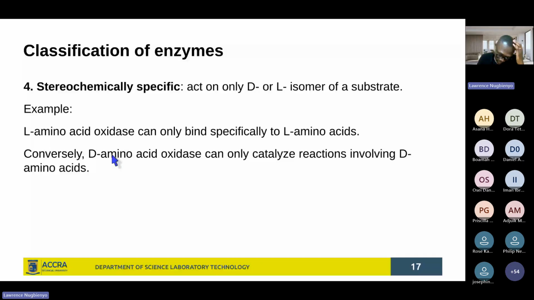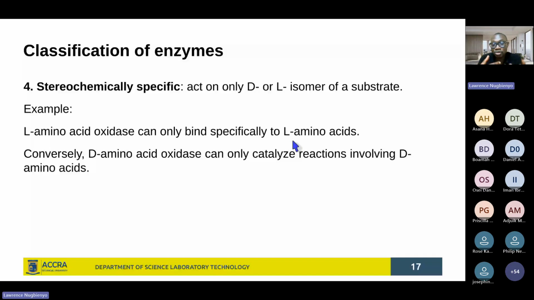Actually, in biological systems, most of the amino acids are in their L isomeric form. The L isomeric form is like the active form of the amino acids.